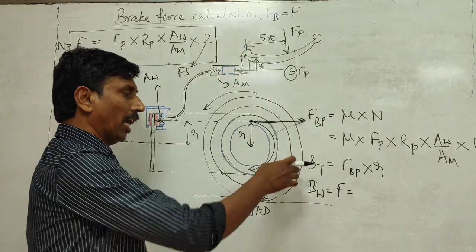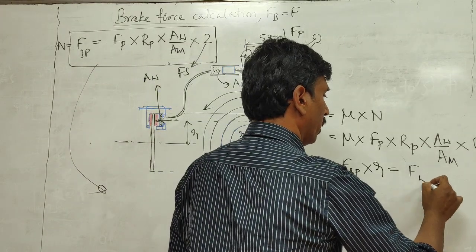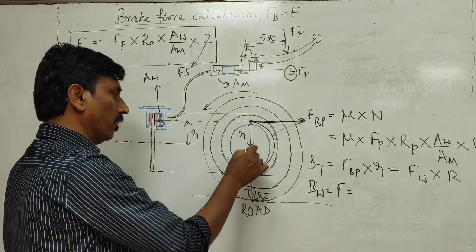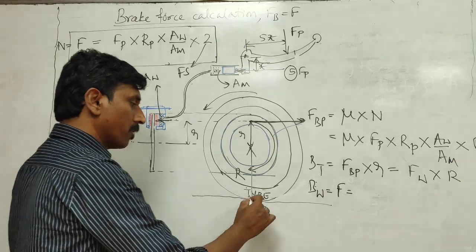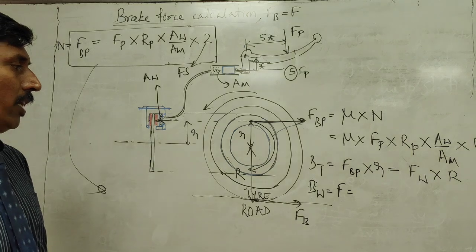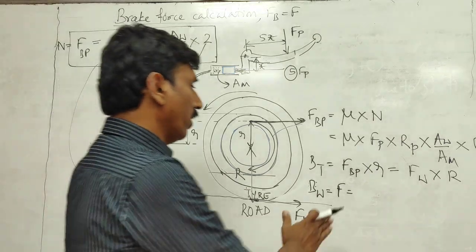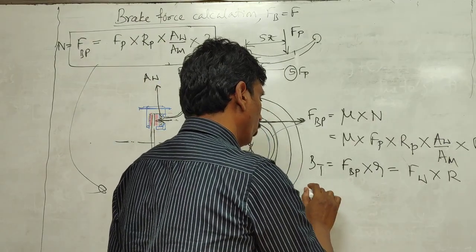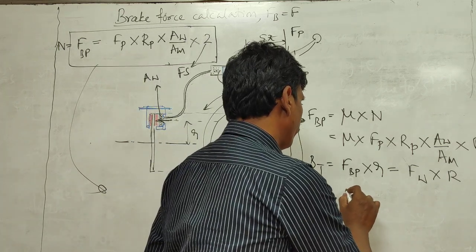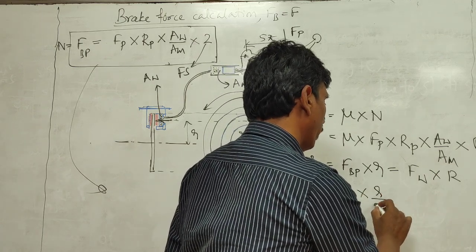So the brake force is equal to the force applied on the wheel multiplied by R, because this force is applied at this point and the radius is R. So if you want the brake force FW, then FW is equal to FBP multiplied by R divided by small r.